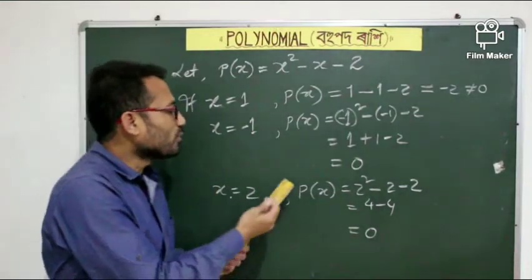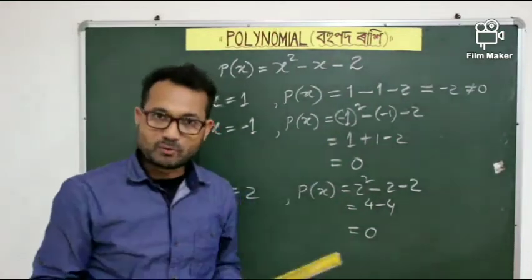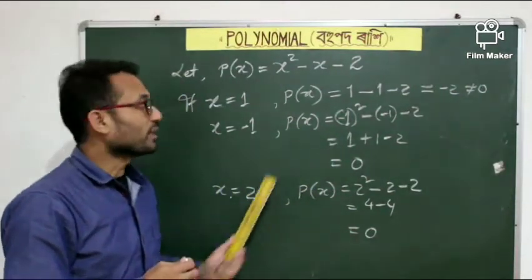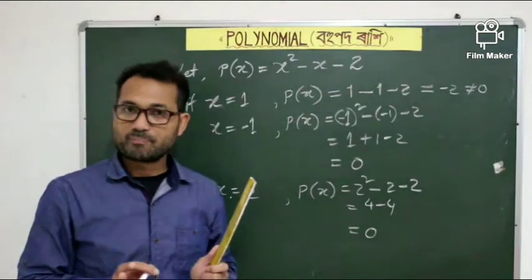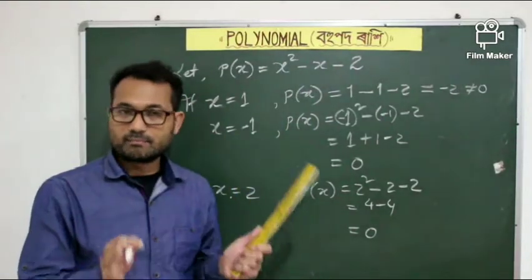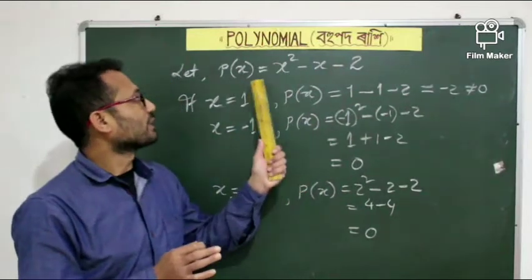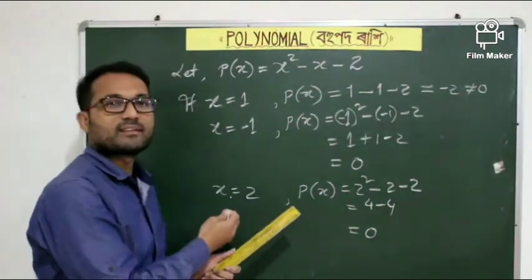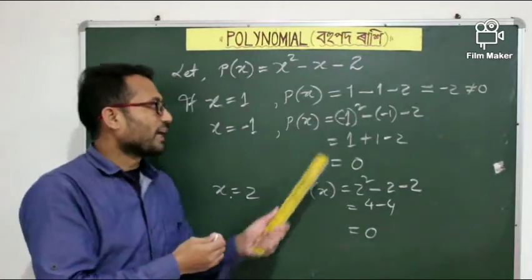Since we got the value of p(x) as 0 for x equal to 2, we can say that 2 is a zero of this polynomial. So we got two zeros of this polynomial, which are -1 and 2.